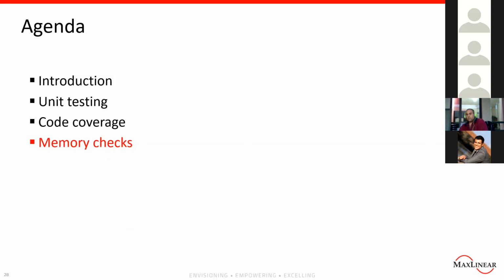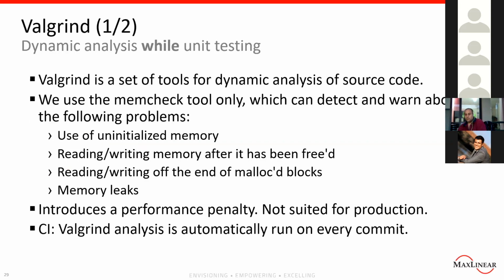And last, the memory checks, which, as I said, are not directly related to unit testing, except for the way we run those memory checks. For memory checks, we use a tool called Valgrind. They are related because we perform the memory checks while we do unit testing.